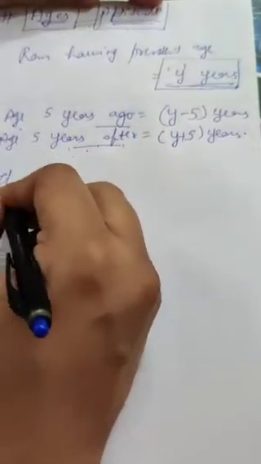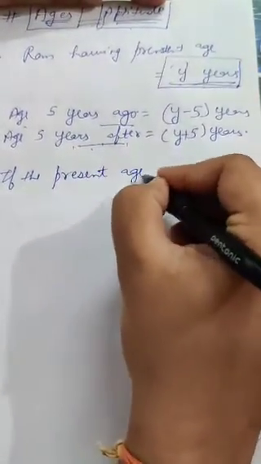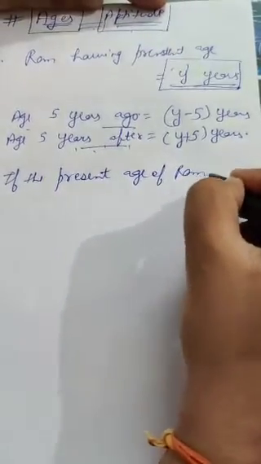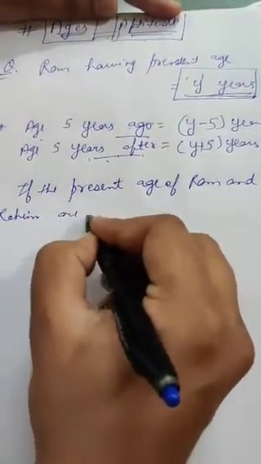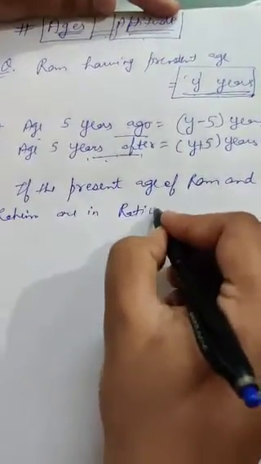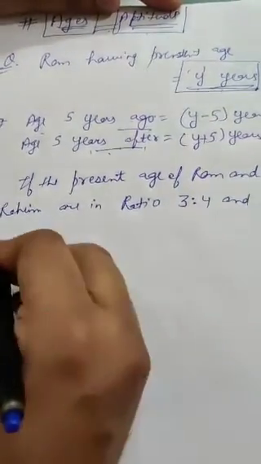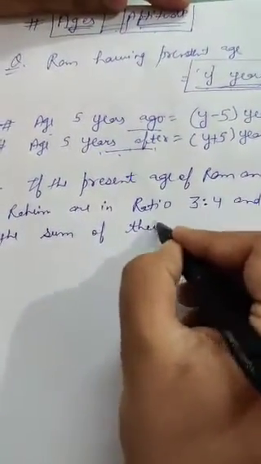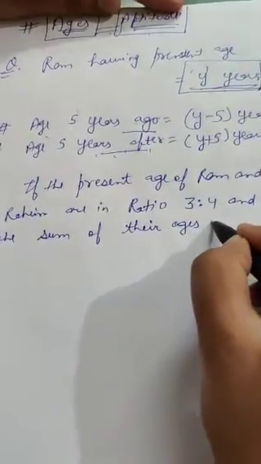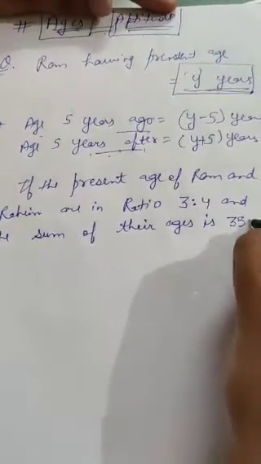Now see, some question is that the present ages of Ram and Rahim are in the ratio 3:4, and the sum of their ages is 35.